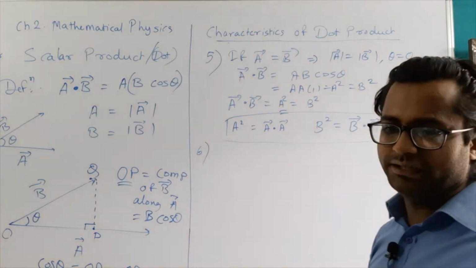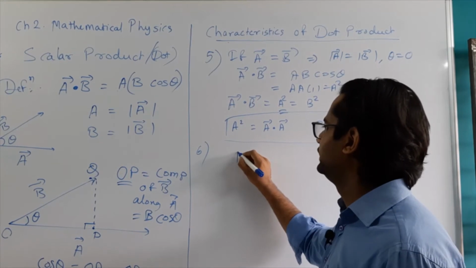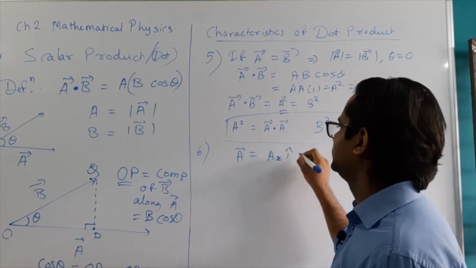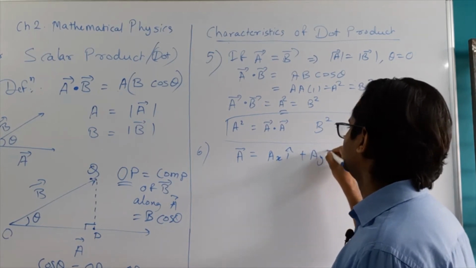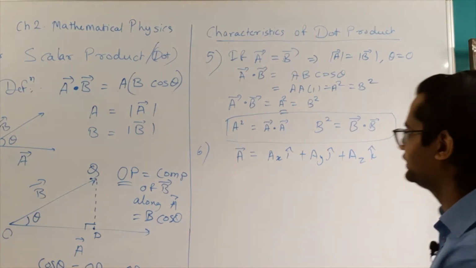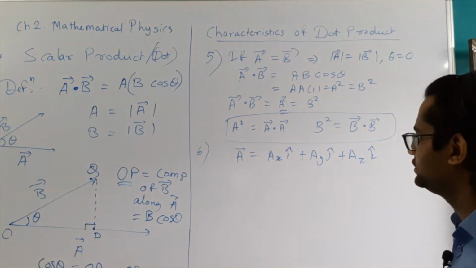Now let us take property number 6. If my first vector is a bar equal to ax i plus ay j plus az k, what are ax, ay, az? These are the rectangular components of the vector. This I have already taught you in the resolution of vectors topic.